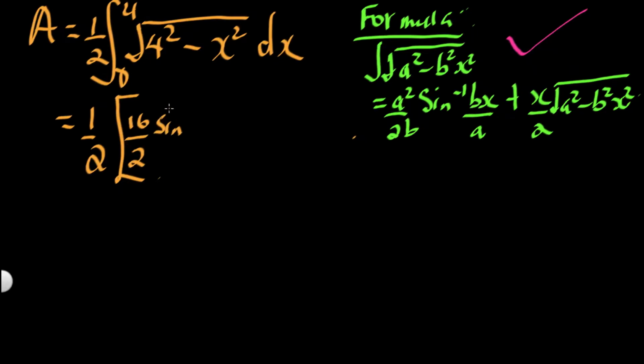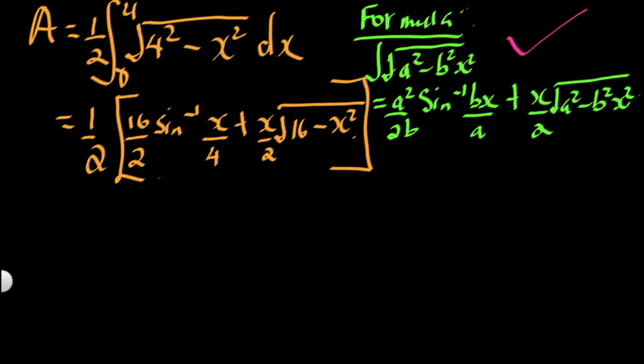Arcsine bx, x is 1, so this is just x, over a, which is 4, plus x over 2, root of a squared minus b squared x squared. So a squared is actually 16, because it's 4 squared, minus b squared, which is 1, x squared. This is it. And then we put our limits of integration.